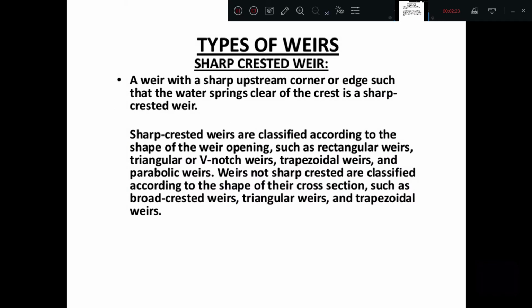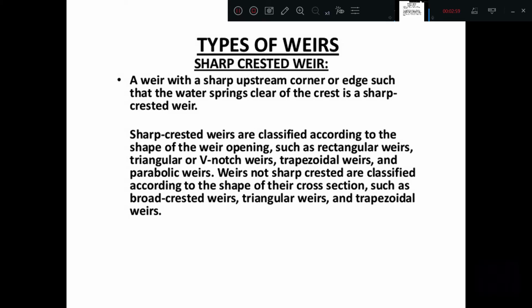And if we want to discuss the types of weirs, there are different types based on the shape and based on the nappe dimensions. The weirs are classified as various types. A weir with a sharp upstream corner or edge such that the water springs clear of the crest is a sharp crested weir.